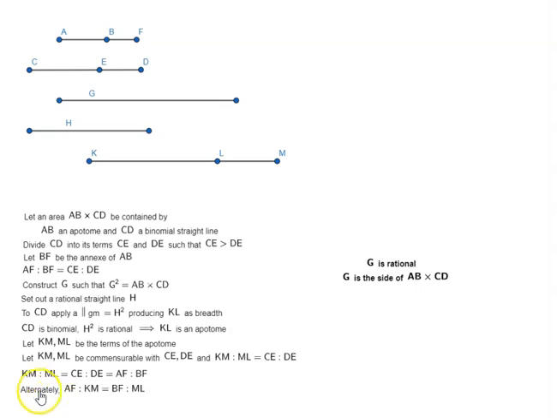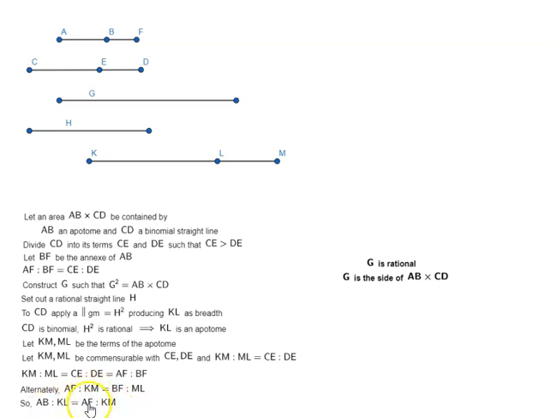Or alternately, we can write it as AF is to KM is equal to BF is to ML. So we can again write this as AB is to KL is equal to AF is to KM.